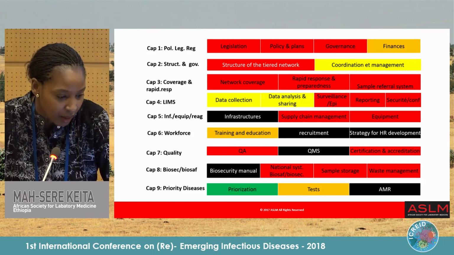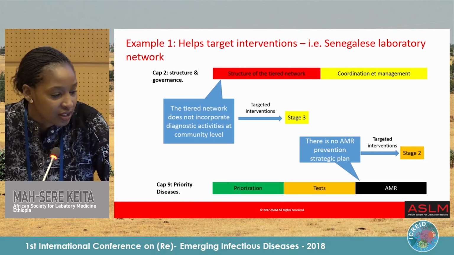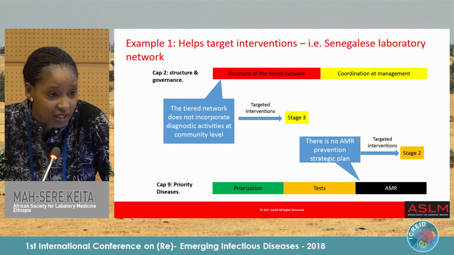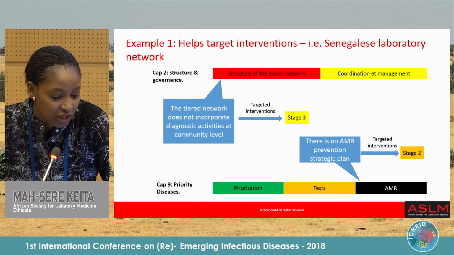And I give an example here that Senegal has allowed us to share. It helps really target interventions. We did the LabNet Scorecard assessment in Senegal and identified that the structure of the tiered network needed work. And then there was no AMR prevention strategic plan.